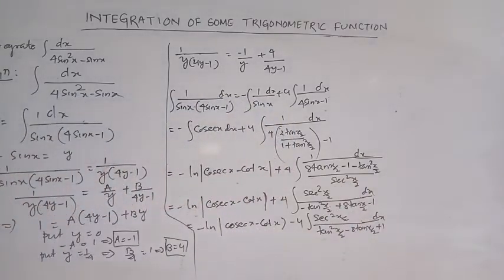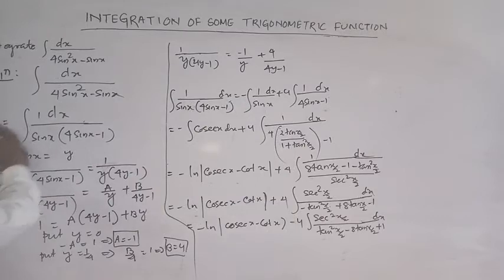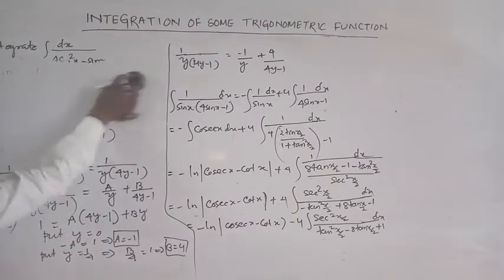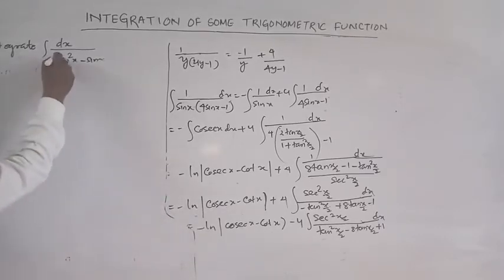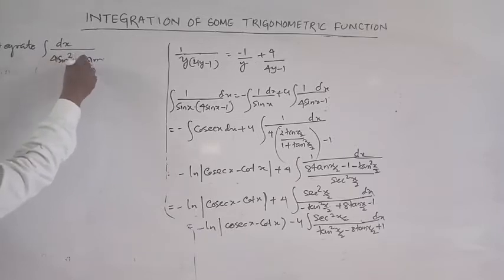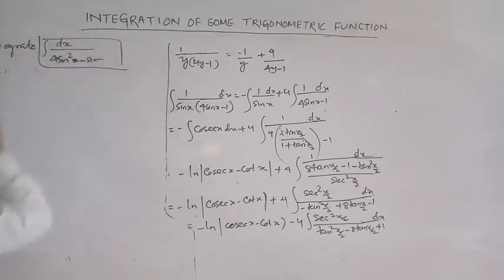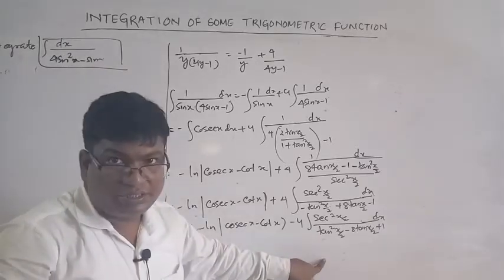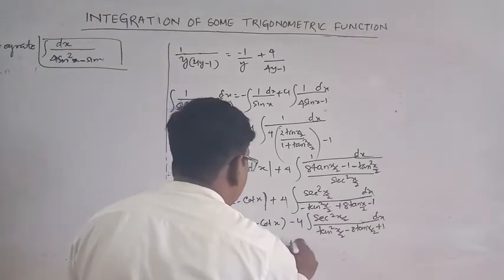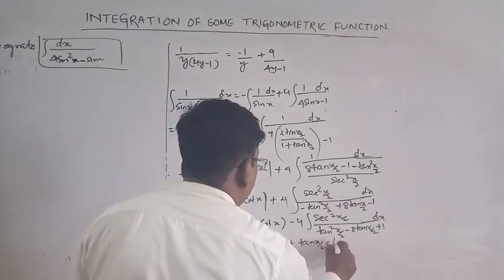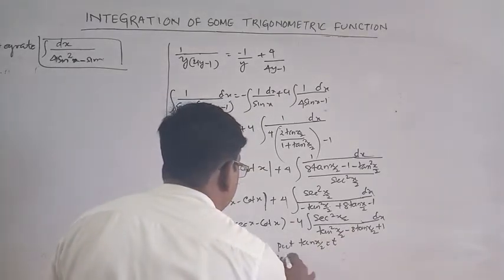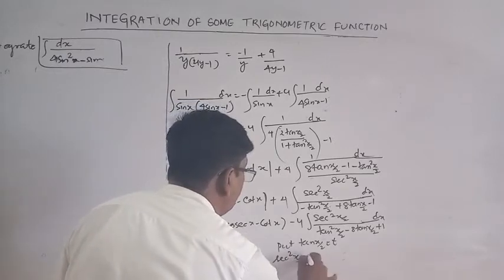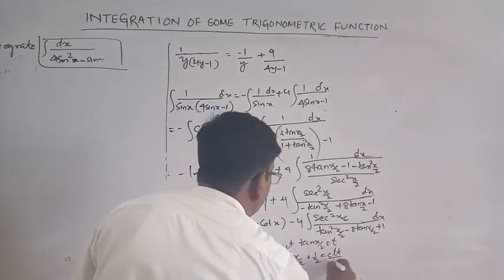Okay, now this is the question. So minus here, put tan x by 2 is equal to t. Put tan x by 2 equal to t and this is sec square x by 2 into 1 by 2 dt by dx.